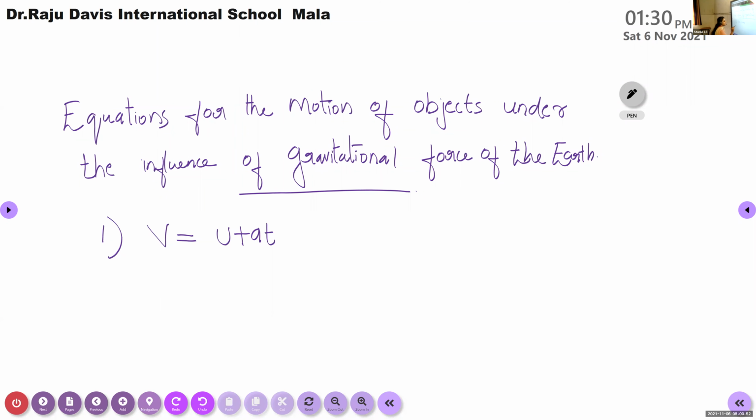Then next one, Abhiram. What is the second equation of motion? First one is v is equal to u plus at. Second one. Jairus, try to recall the second equation of straight line motion of an object.